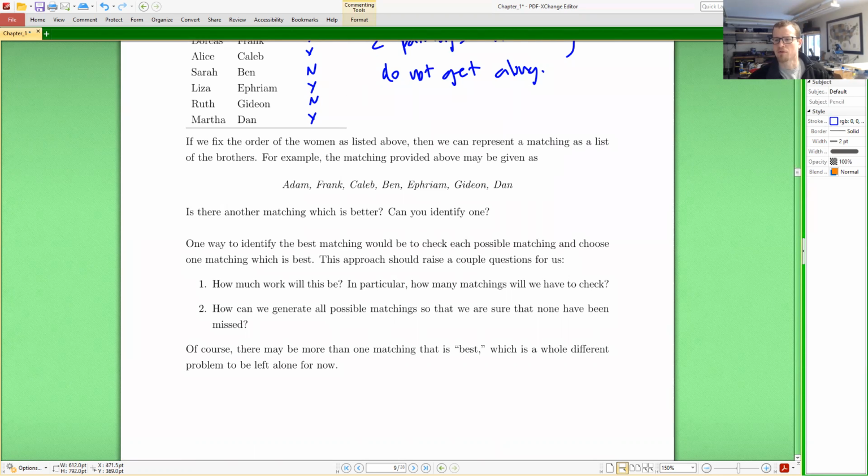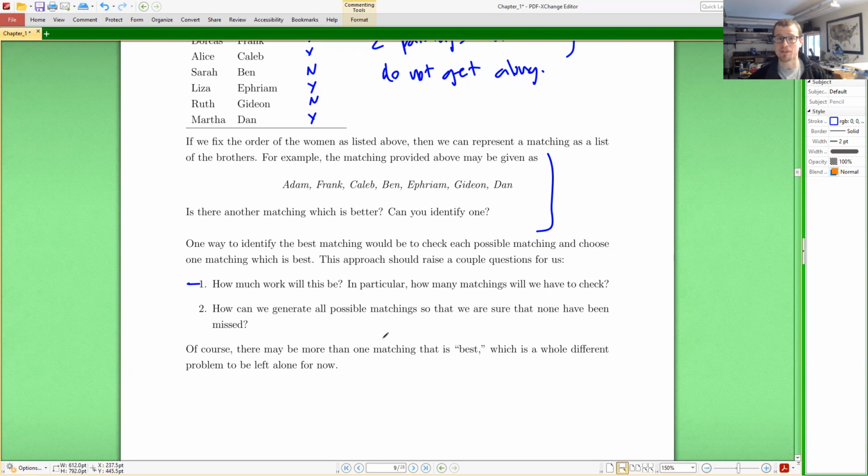So I'm going to skip over this for just a moment, but one way to identify the best matching would be to, again, consider all possible matchings. Look at all ways that we could pair up the 7 brides with the 7 brothers. So if we were to pair them all up and then evaluate each one of them, 2 questions that would follow up with this would be, how much work is it going to take to do that?